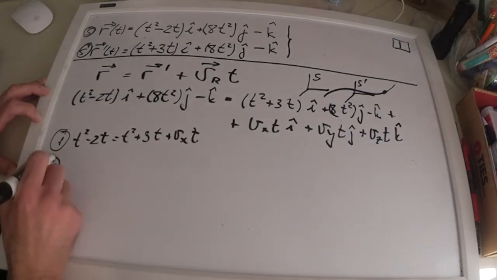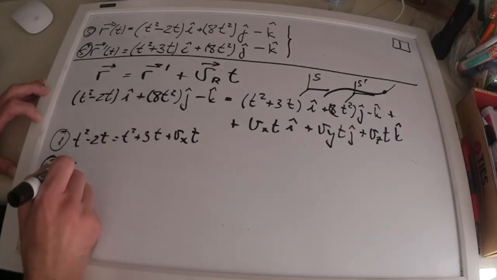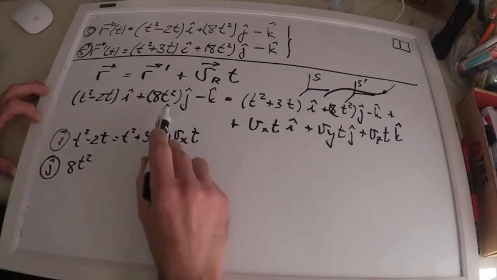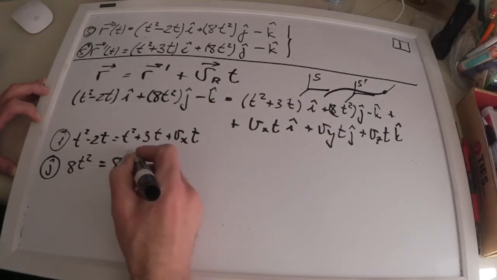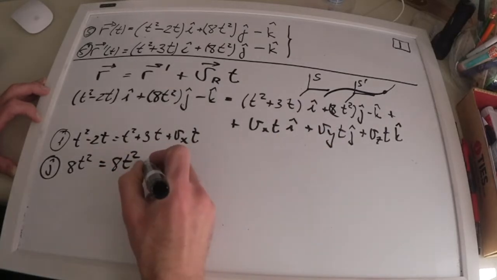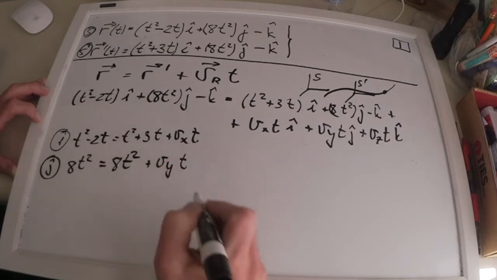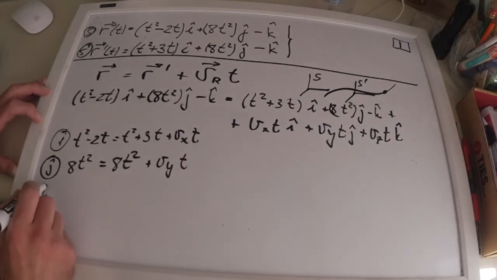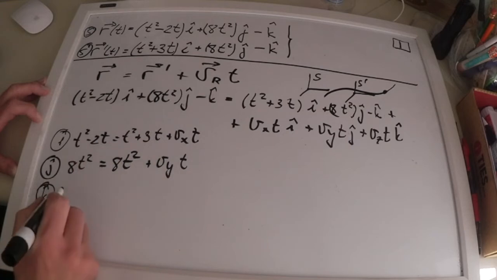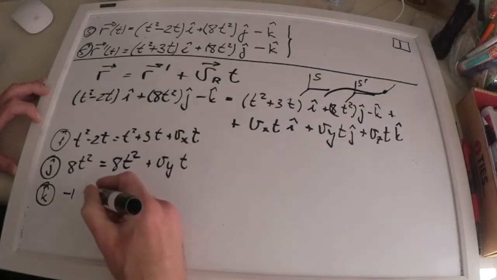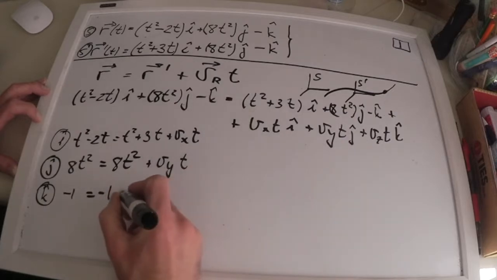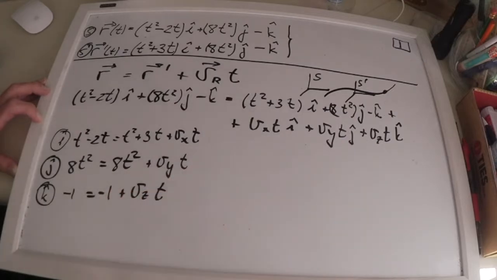For the j hat direction, I have 8t squared equals 8t squared plus vy t, and then for the k hat direction, minus 1 is equal to minus 1 plus vz t.